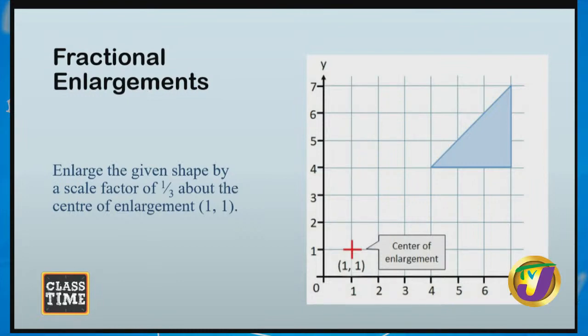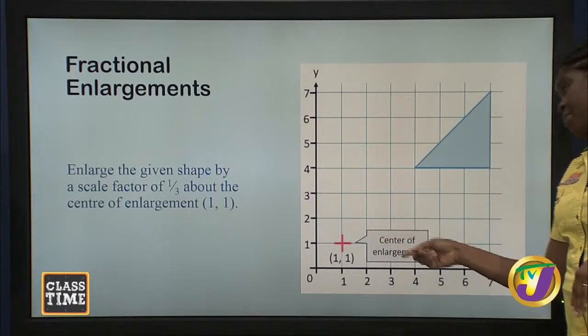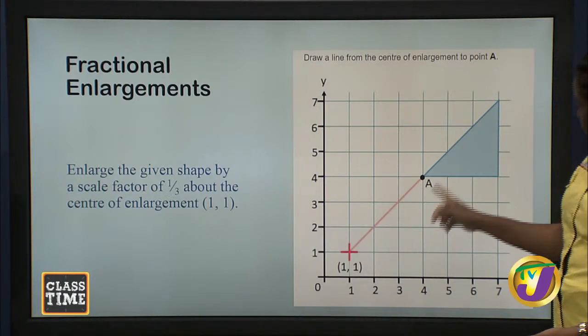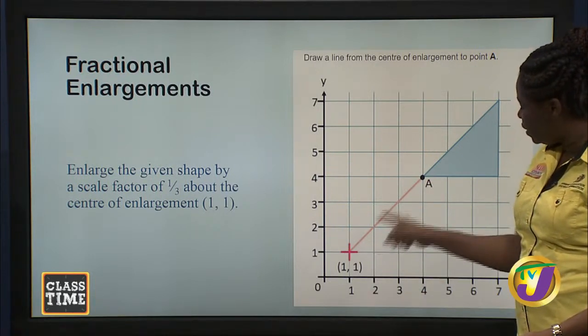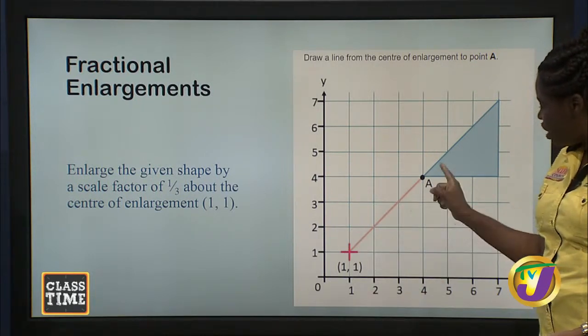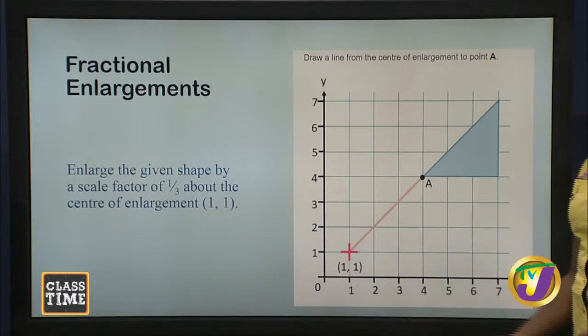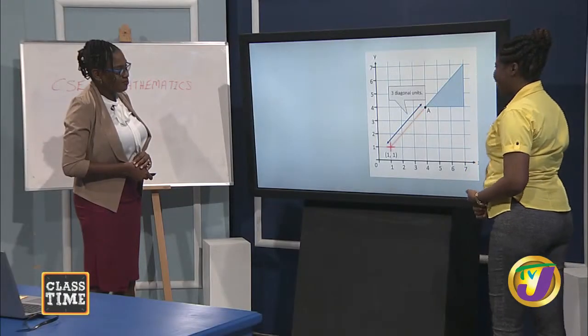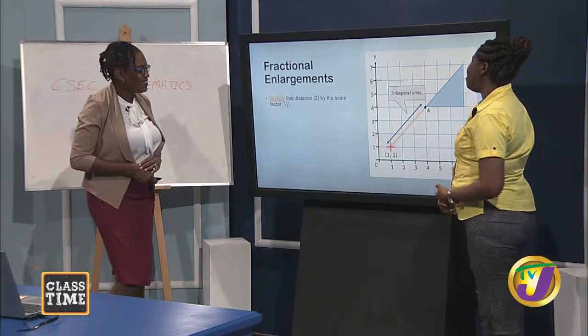Take the length, choose a point on your object, measure the length of that line segment, and multiply that by your scale factor, which is 1/3. So this line segment here is 3 units. I'd multiply by 1/3, and that would give me 1. 1/3 of 3 is 1.